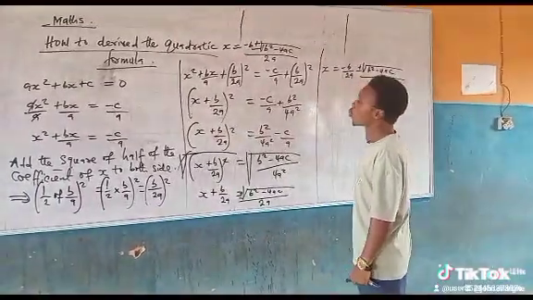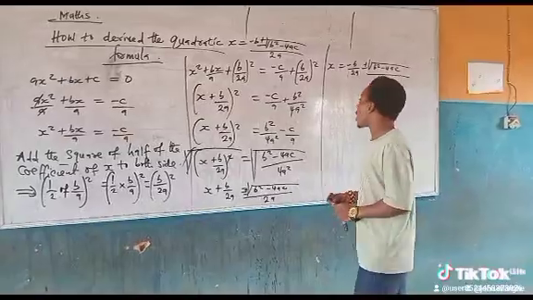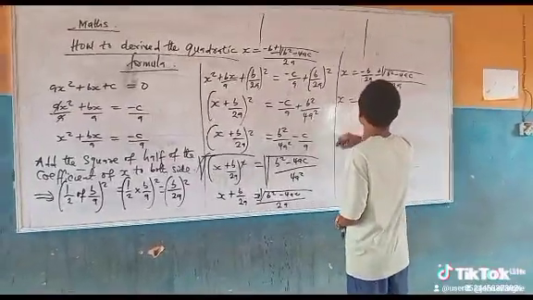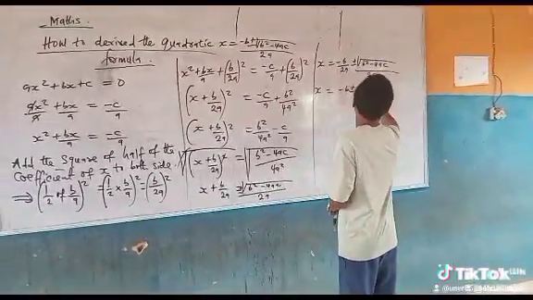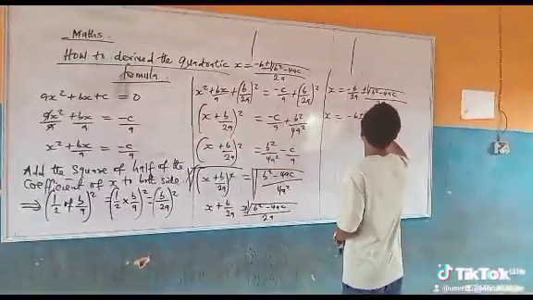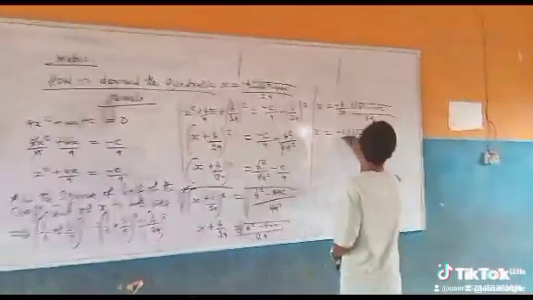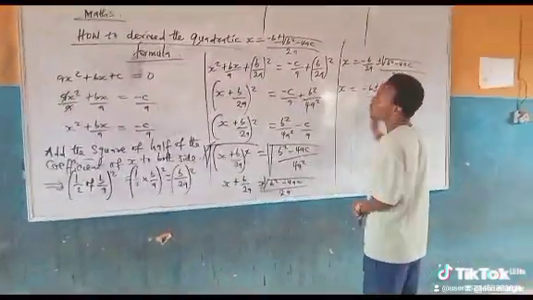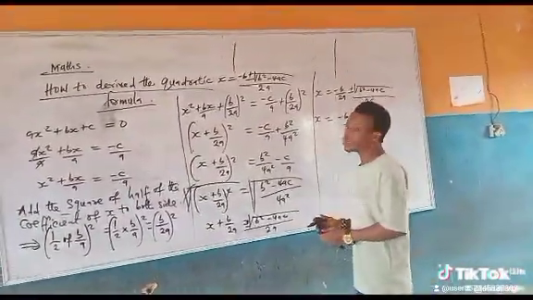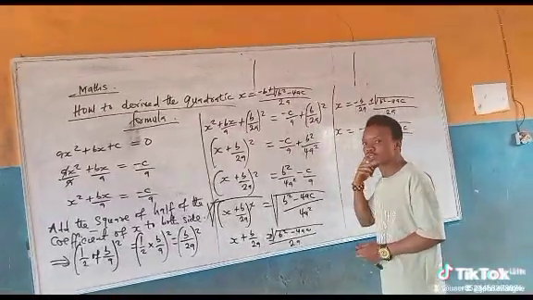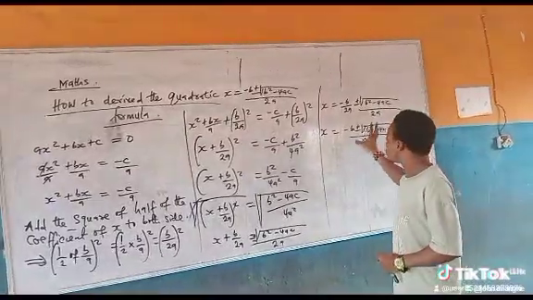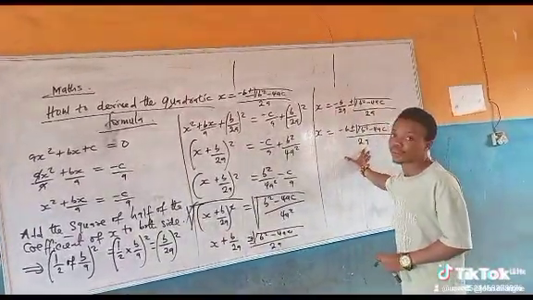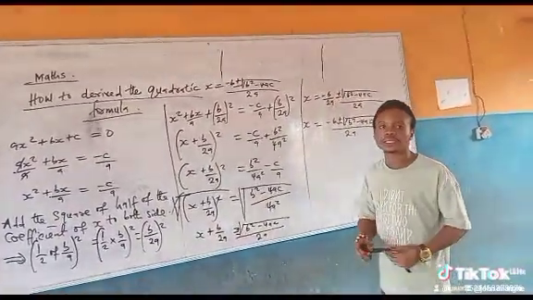We're going to take one of the denominator. And we are having x is equal to minus b plus or minus the square root of b squared minus 4ac all over 2a. This is the quadratic formula. It's used in solving a quadratic equation, called the formula method. So you can use this method and solve a quadratic equation.